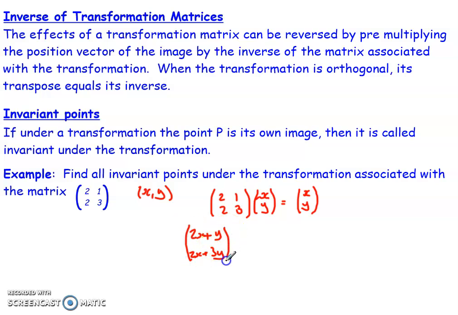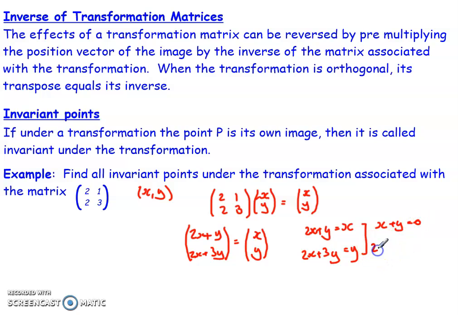And what I know is that that has to equal the original point itself, x, y. So I can now equate the top and equate the bottoms, and I'll get 2x plus y equals x, and 2x plus 3y equals y. Now if I rearrange both of those, for the top one I get x plus y equals 0, and the second one is 2x plus 2y equals 0.